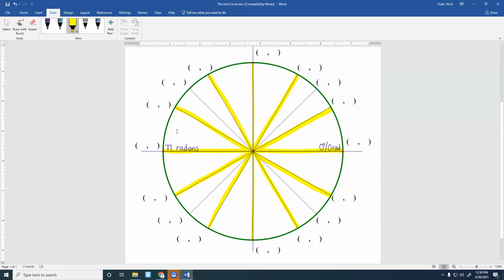So there are 6 pieces in the top of that circle. So this first angle right here is pi. I'm going to put my radians on the outside. It's pi divided by 6. All right, so the size of one of those slices is pi over 6.